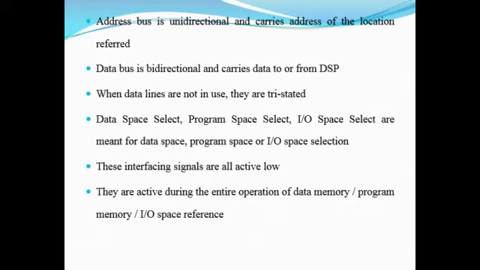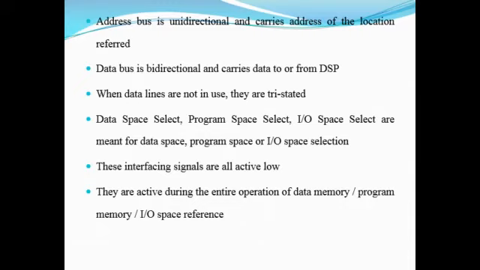Then we have data space select, program space select and IO space select, meant for data space, program space or IO space selection. I already mentioned these in the external interfacing signals. These interfacing signals are all active low.